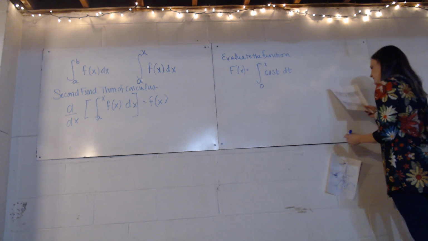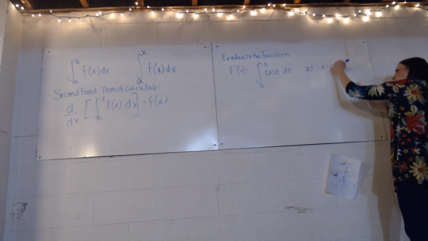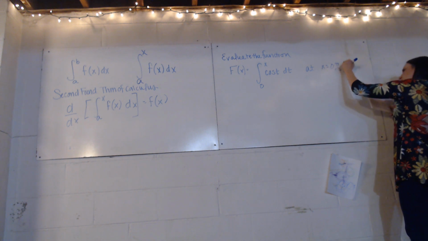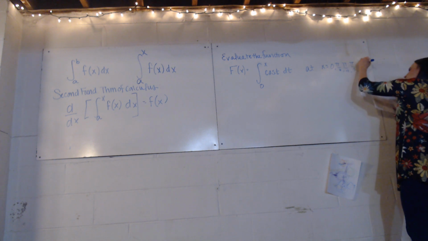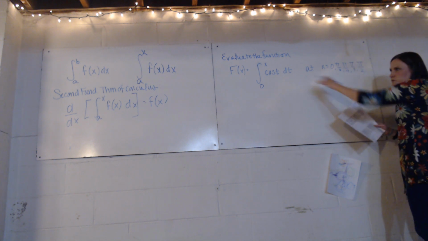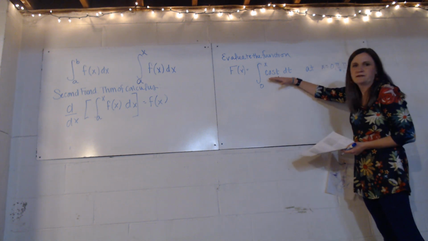And then it would say evaluate that at these values: x is equal to 0, pi over 6, pi over 4, pi over 3, pi over 2. You have a couple of homework problems that do this sort of thing. Mathematically, it looks exactly like what we were doing last week.